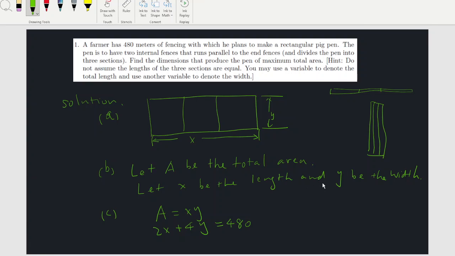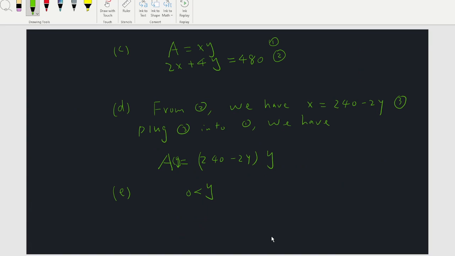Now the least possible value of x is 0. I'm trying to say the largest possible value of y is determined from that equation using an x value of 0. The least value of x is a positive number very close to 0. So basically, you set x to be 0, and then you solve the equation for y. I believe the value of y is 120. 480 divided by 4, you have 120. That's the largest possible value of y.